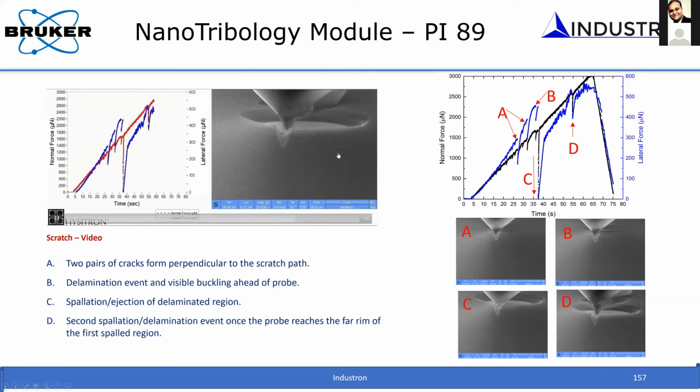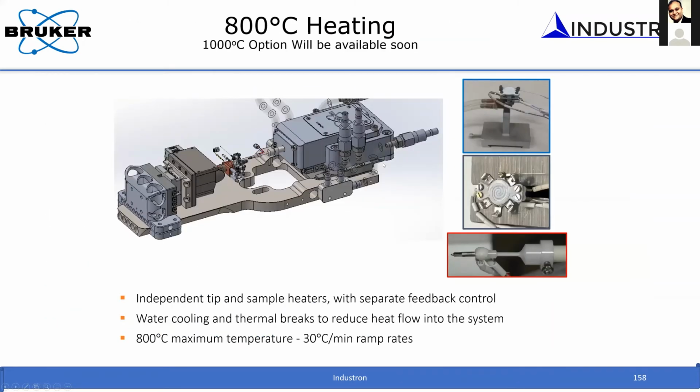Okay. So finally, I would like to cover something on the high temperature. For high temperature applications, a similar setup works very well. But there is a change: the transducer needs to be protected from the heat conduction.